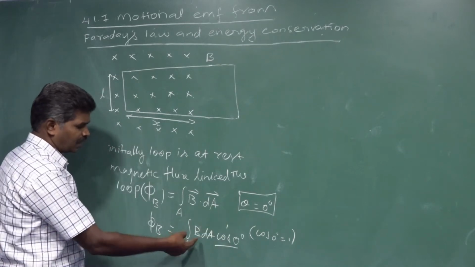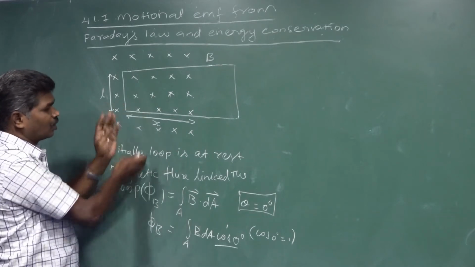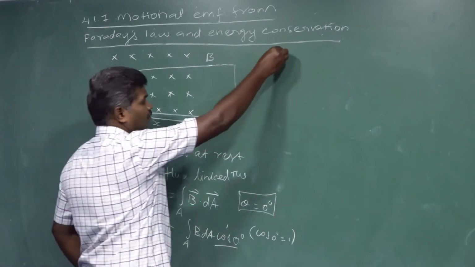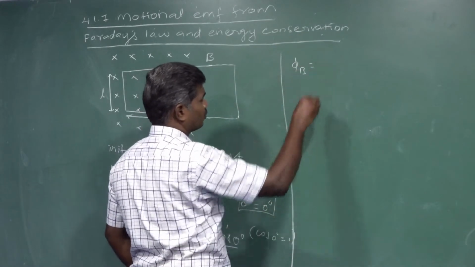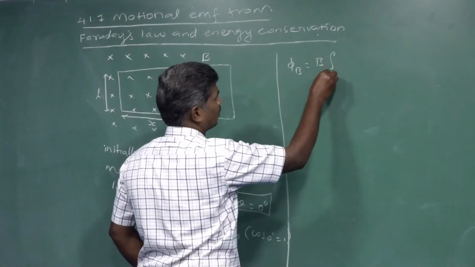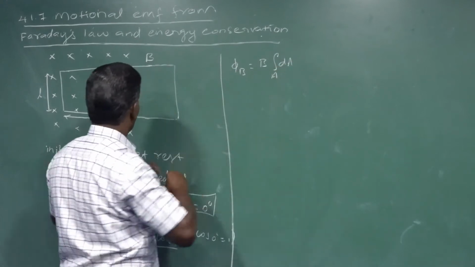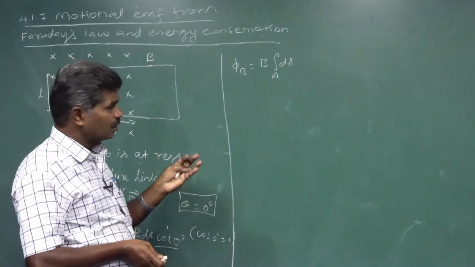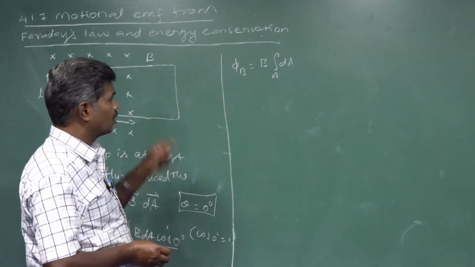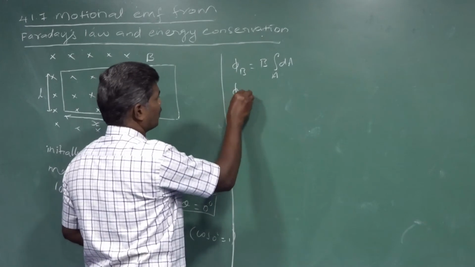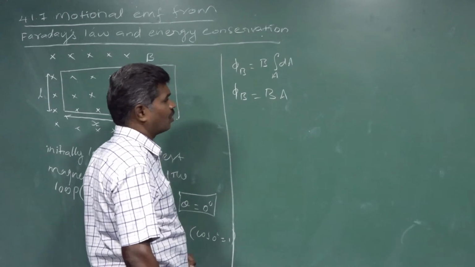Then in the integral, B remains constant. Only the area we are going to add up. So phi suffix B is equal to B times the integral of dA over the total area A. If you integrate, the total area inside the magnetic field of our loop is A. That's why phi suffix B is equal to BA. This area value we want to calculate.